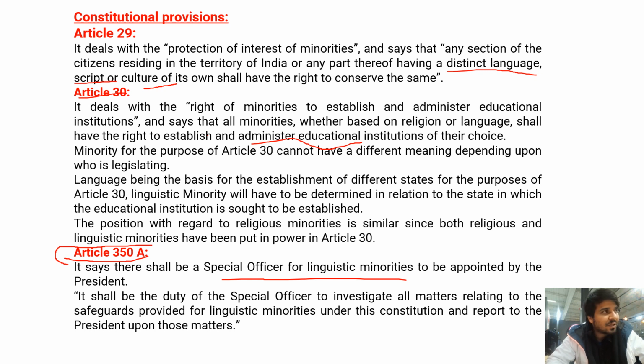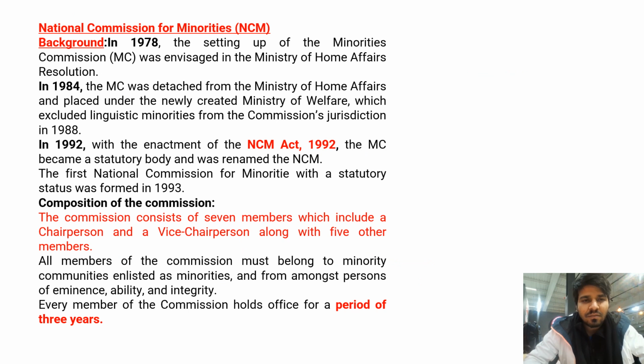We must understand this is not for religious minorities, it is for linguistic minorities. Article 350A. So these terms should be remembered clearly, because if you get a question, don't get confused. It's a religious or linguistic.